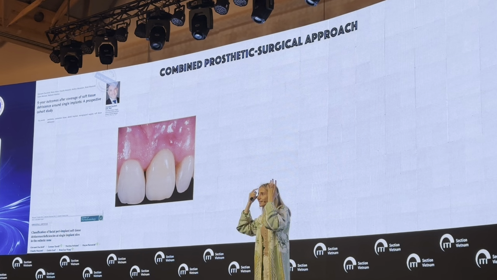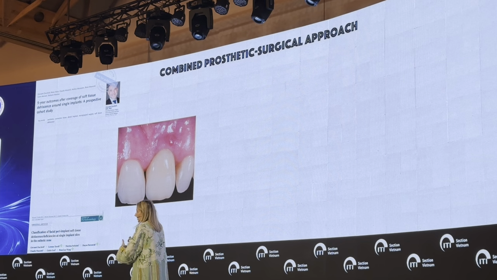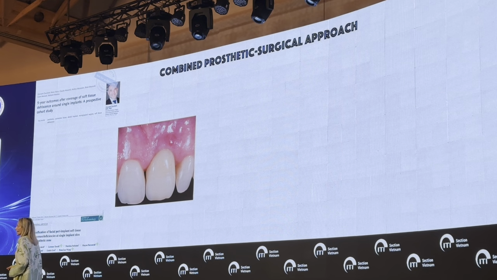So once we understood this concept, we tried to make it as reproducible as possible for our patients, and we published this technique, which is called the combined prosthetic and surgical approach.